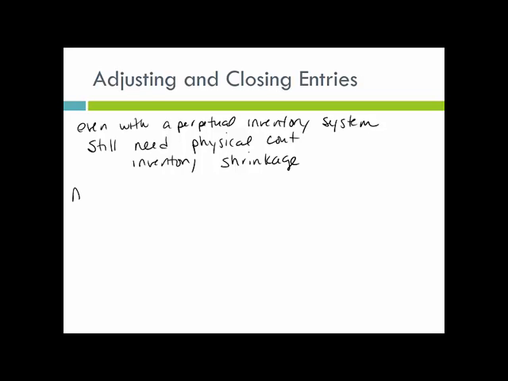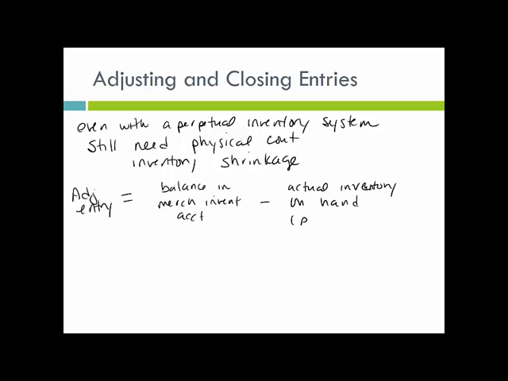So the amount of this adjusting entry, and we probably just do a physical count maybe once a year and do this adjustment, will be the balance in the merchandise inventory account, so what's in that ledger account, minus the actual inventory on hand. And that's what we get from doing a physical count of the inventory.